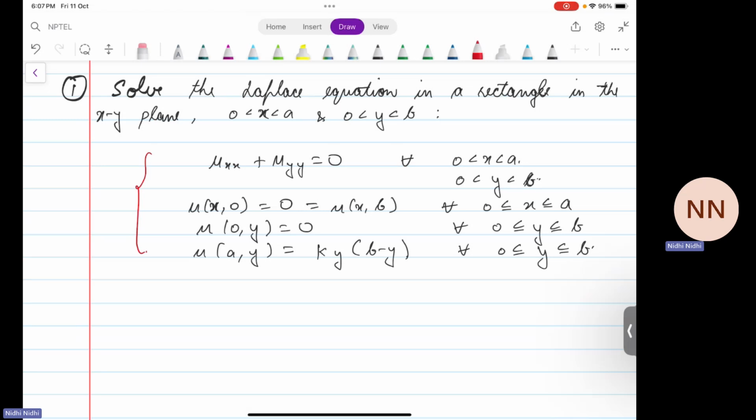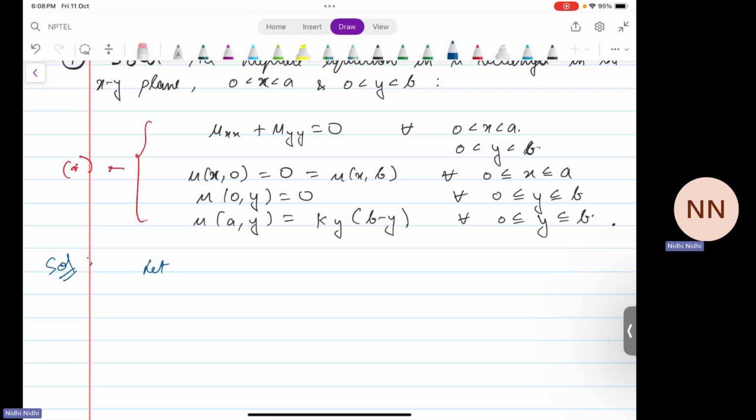So let's just see how things are different in the case of Laplace equation. I'll mark this as star. So let's solve it.